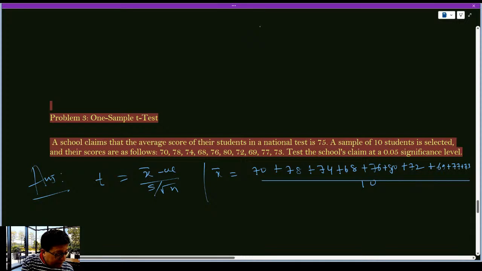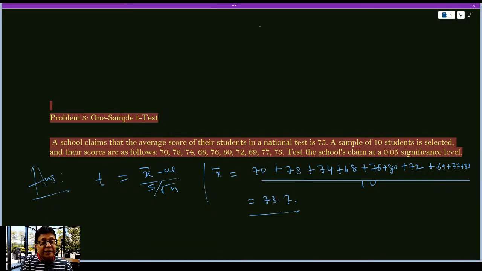See what I have got here. My calculation shows that it is 73.7. Okay. What is n here?